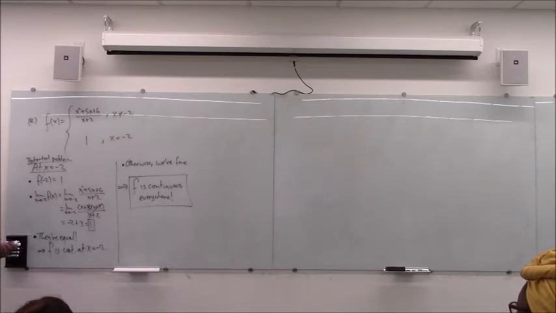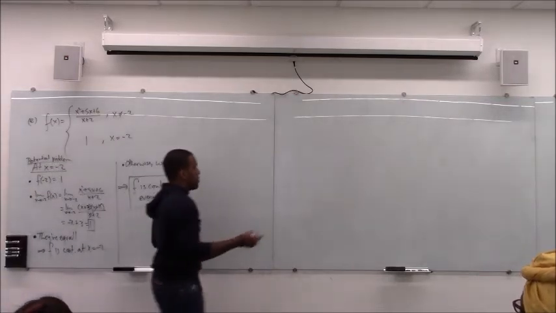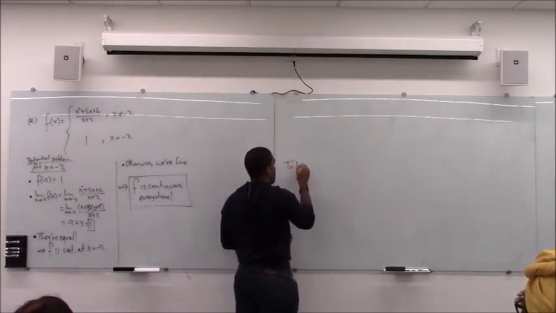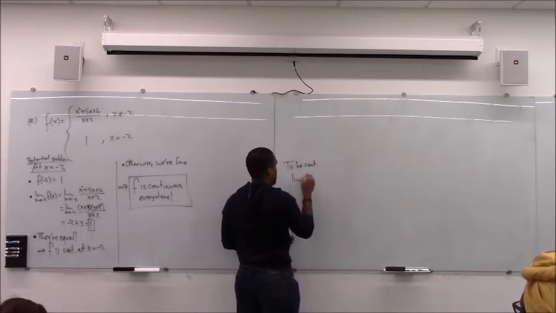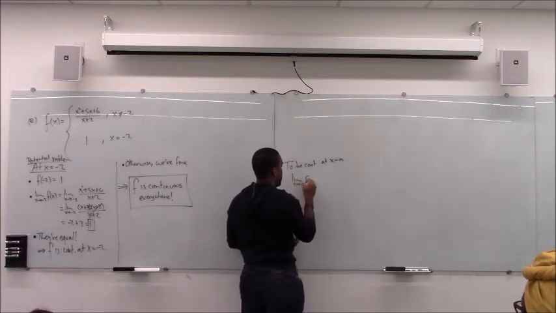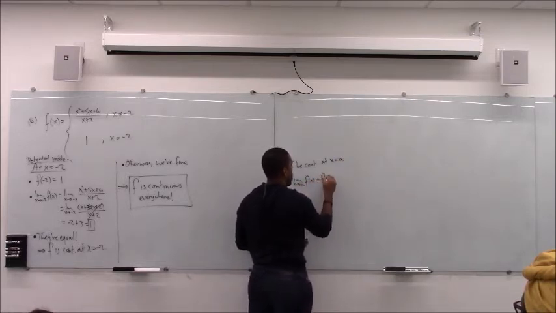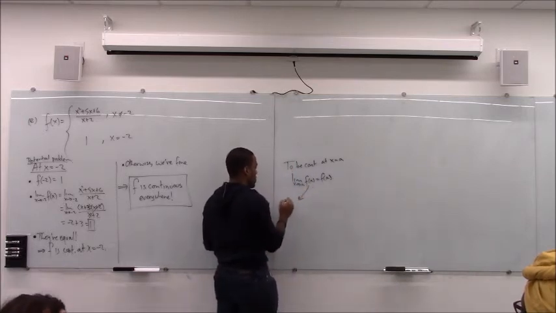No, because that actually doesn't make any sense. To be continuous at x equals a, you need the limit as x approaches a of f of x to be equal to f of a.